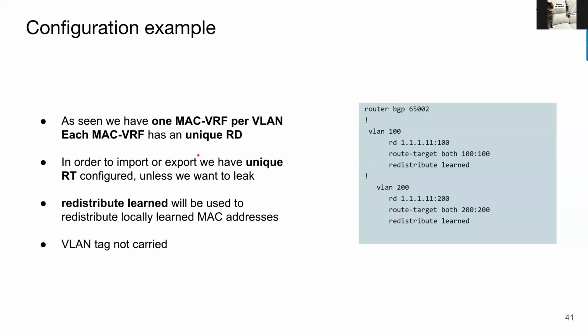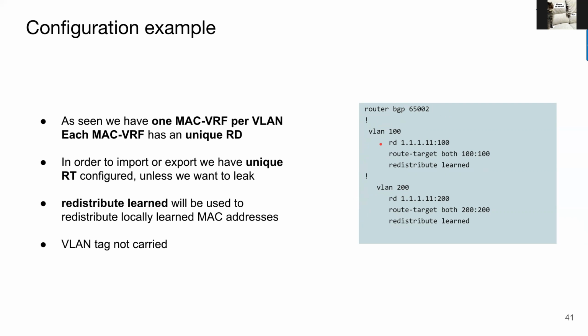If we were to look at a configuration example, it's really straightforward and it's what we've already covered. Remember, BGP, or specifically multi-protocol BGP, is the magic under all of this. Using these 2 constructs, we've got 2 MAC-VRFs here, VLAN 100 and VLAN 200.